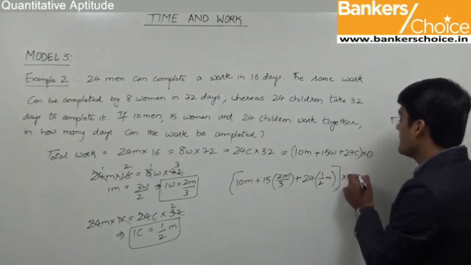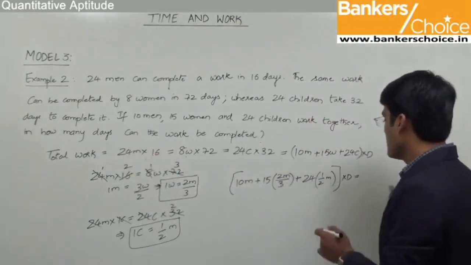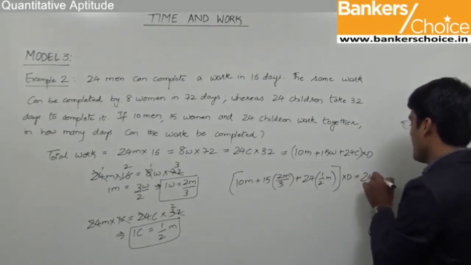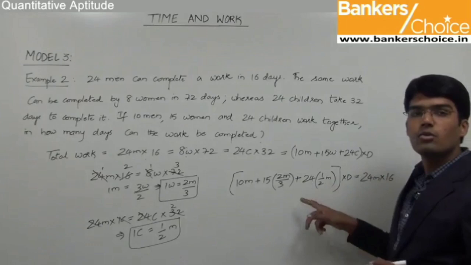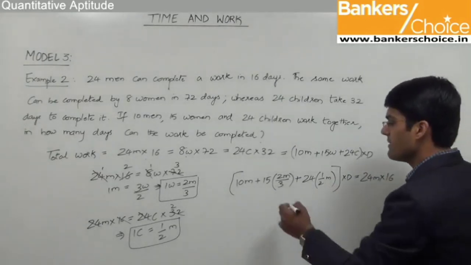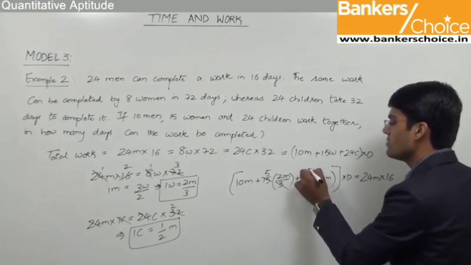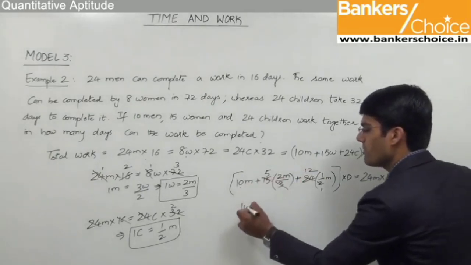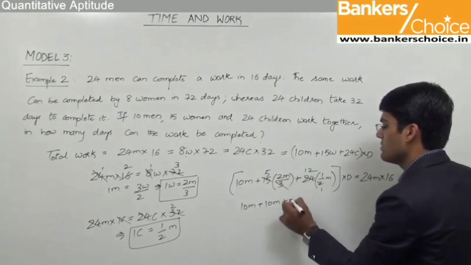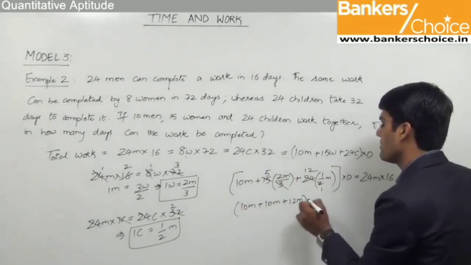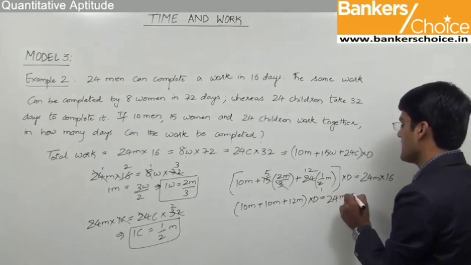Now we can equate this part with the number of men into number of days, that is nothing but 24 men into 16 days. As you can see here, on both sides we have the groups only in terms of men. By simplifying this, we get 3 into 1, 3 into 5, and this is 2 1s and 2 12s. So 10 men plus 5 into 2, again 10 men, plus 12 men, into the number of days should be equal to 24 men into 16.